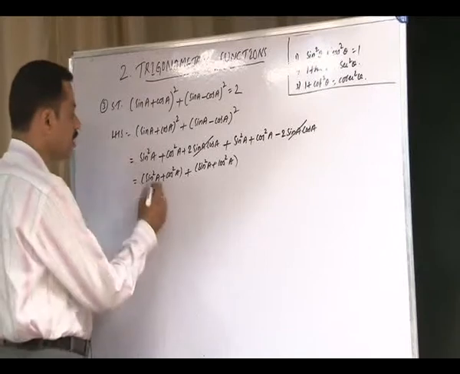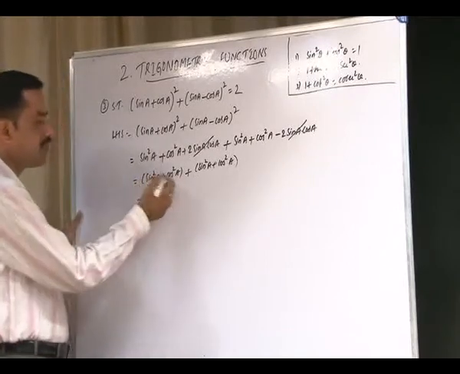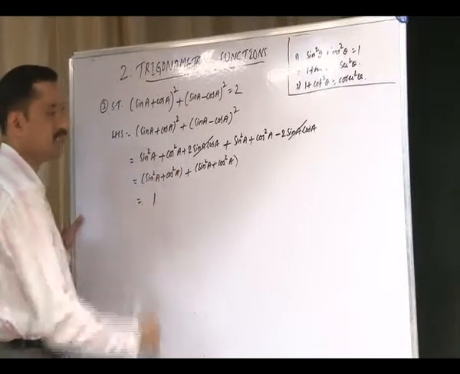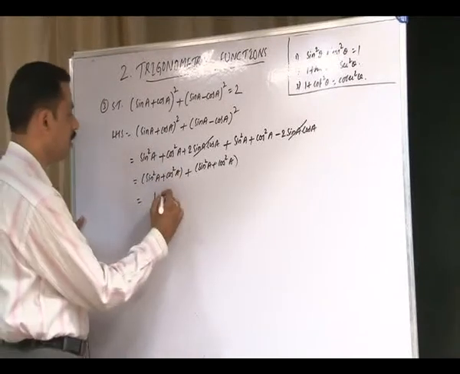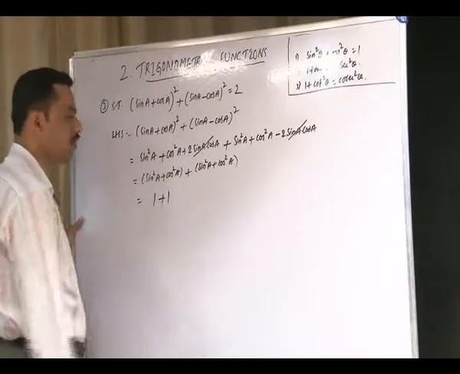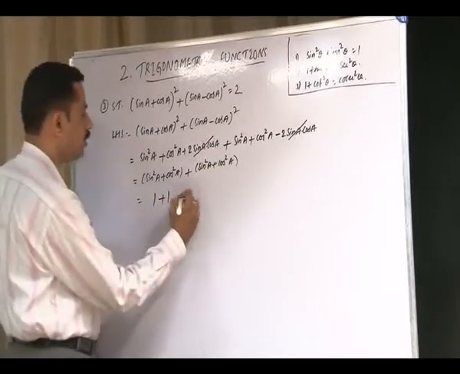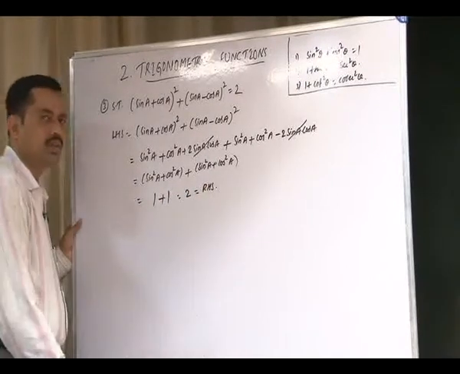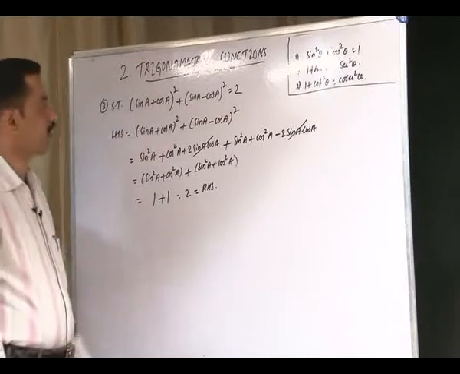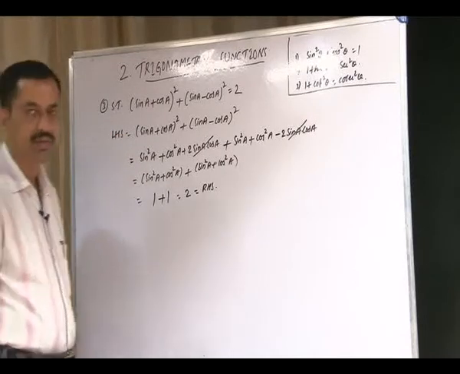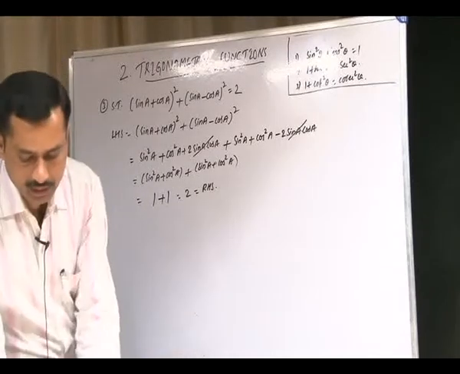Similarly, here theta is replaced by A, so sin square A plus cos square A is also equal to 1. So 1 plus 1, that is 2, which is the right hand side. So we proved that (sin A plus cos A) whole square plus (sin A minus cos A) whole square is equal to 2 by using trigonometric identities.